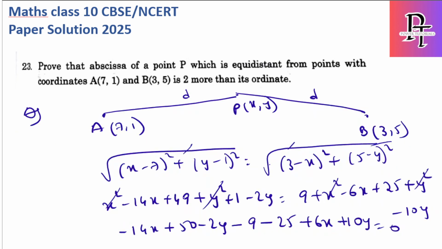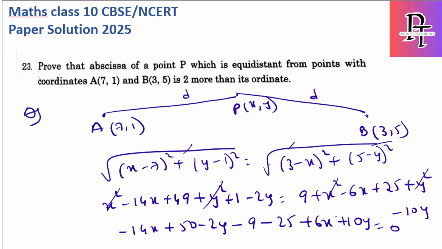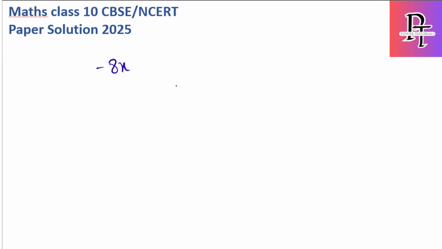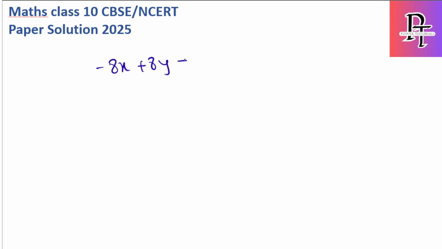Let's write the x term: minus 14 plus 6 is minus 8x. Y terms: minus 2y plus 10y is plus 8y. What about numbers? 50 minus 34 is 16. Plus 16 is equal to 0. If I divide by 8, I will get x minus y plus 2 is equal to 0. Or I can say y is equal to x plus 2.